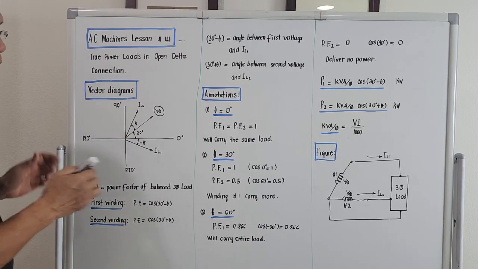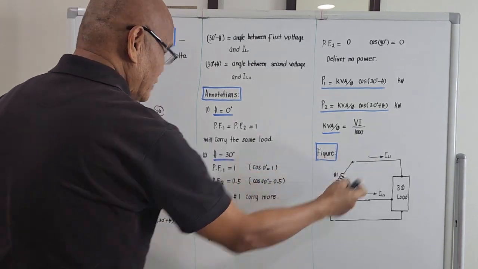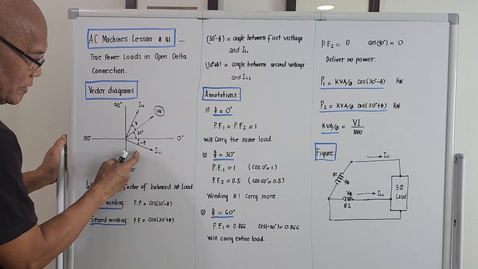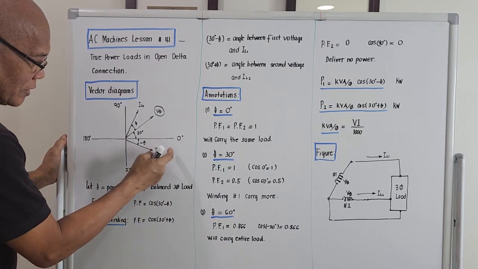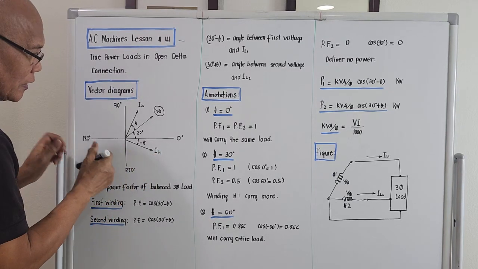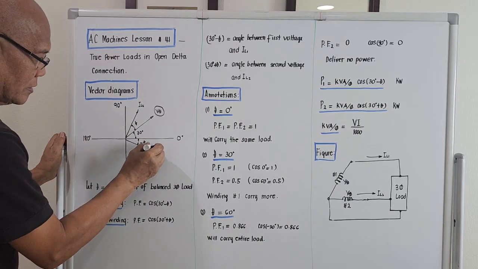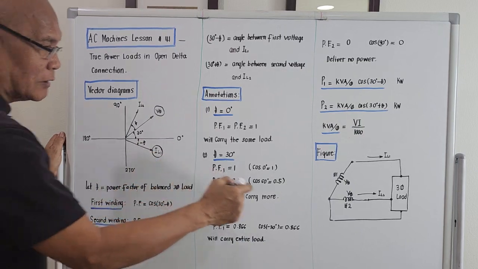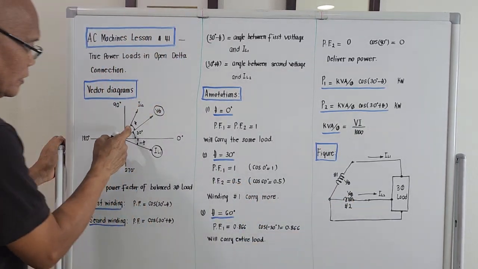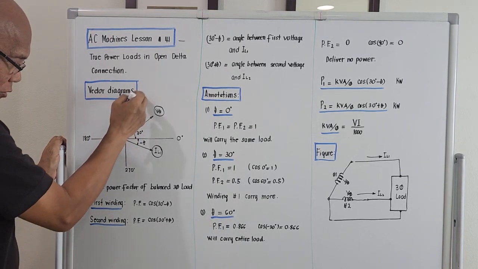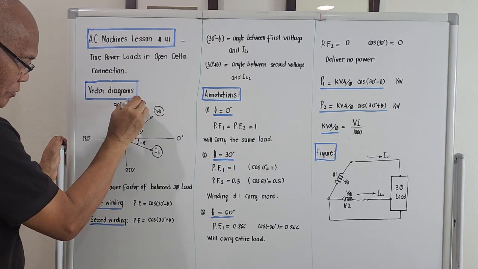Considering line current number one, the location should be at negative theta. It is below the 0 degree line, so this is IL1. And for IL2, the current delivered by winding number 2, it is in this location here, and this is IL2.